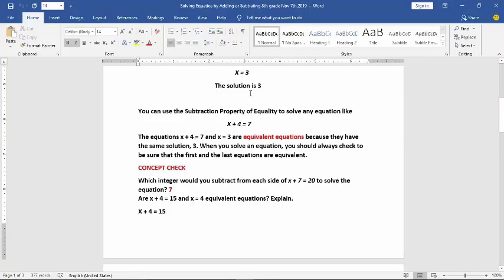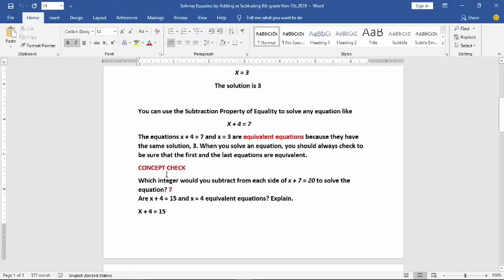How can I say they are equivalent? They are equivalent equations because they have the same solution, which is 3. If I solve this equation, I will have a 3, and here the value of x is 3. When you solve an equation, you should always check to be sure that the first and the last equation are equivalent. That means they have the same value.